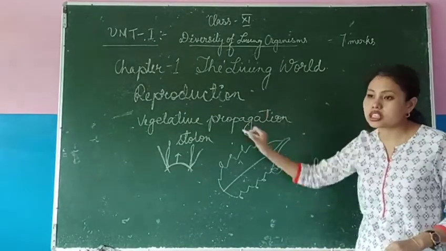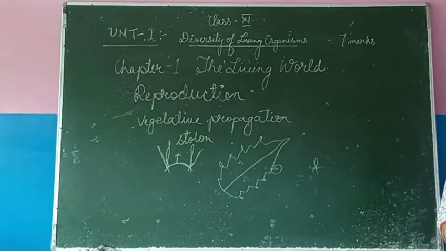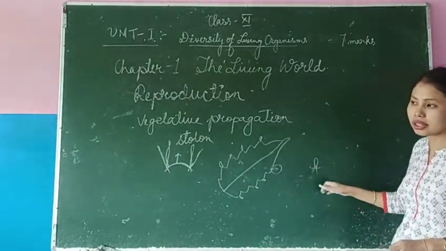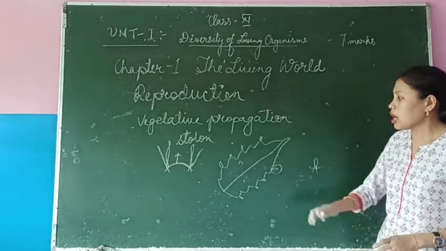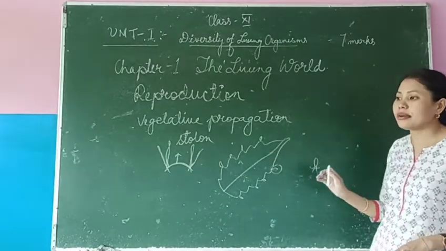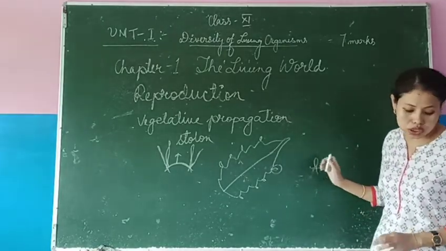So this is vegetative propagation that you see in plants. This is also an asexual method of reproduction. The parents and the offspring will be identical to each other.